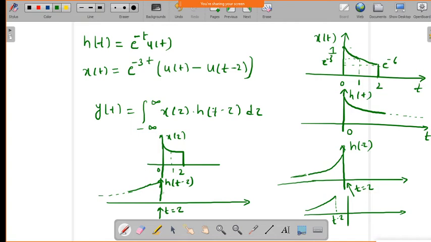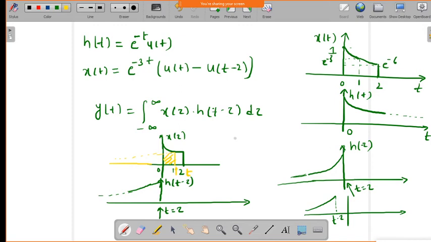Now you can see t exists in two cases, when t is less than 2. Say, if I take the convolution something like this, t will be somewhere here and it exists for t less than 2.